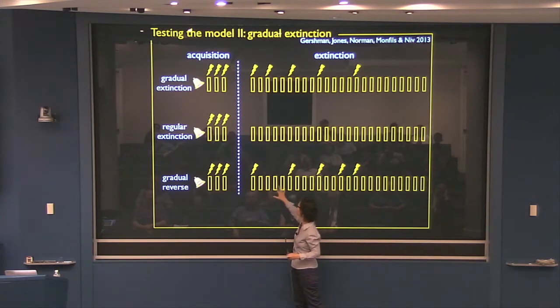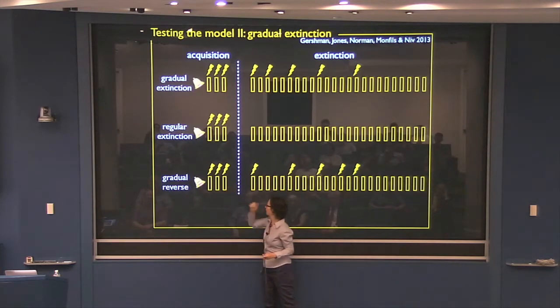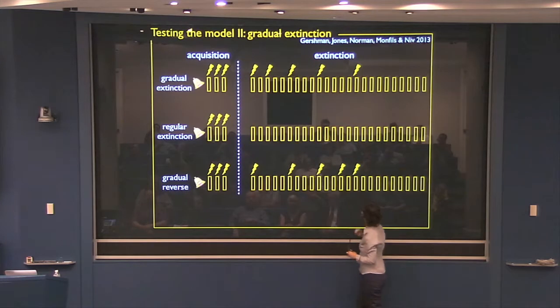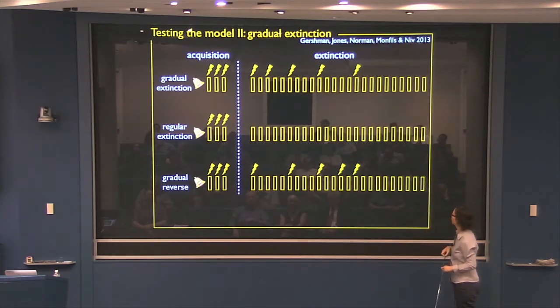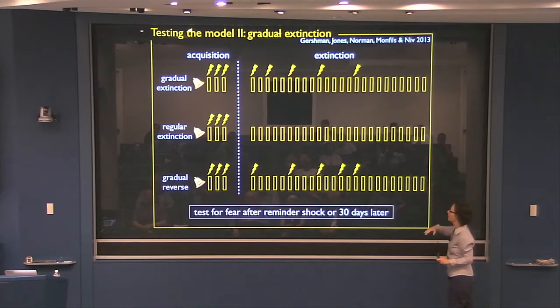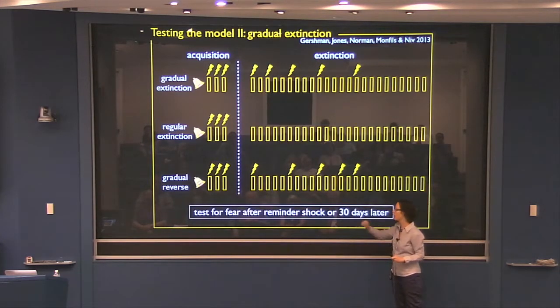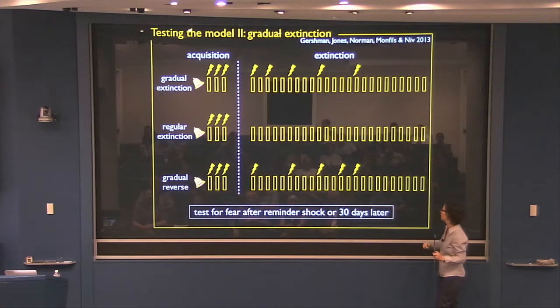So the idea was that here there's still a big difference between this phase and acquisition, but over time they became more frequent. In the end, we always had 9 trials without shocks so that the animal would stop freezing. Because what we're going to do in the test is ask either after a reminder shock, like I showed you before, or 30 days later, in 2 experiments, does the rat freeze at test more than they froze in these last 4 trials? And the test is just the tone, no shocks at all.